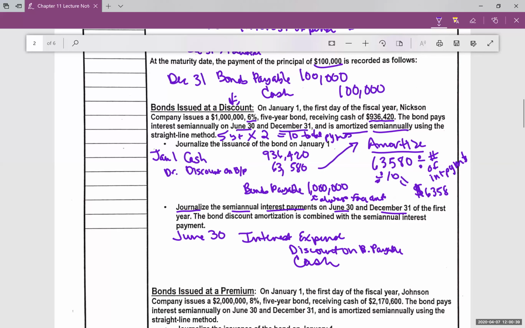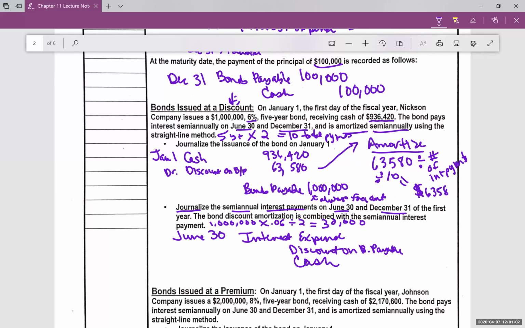Okay, now how much interest do we have to pay here? Well, we're going to calculate this interest based on the face amount, 1 million times 0.06, and then I'm going to divide that by 2 because there's 2 payments per year. That number becomes 30,000.